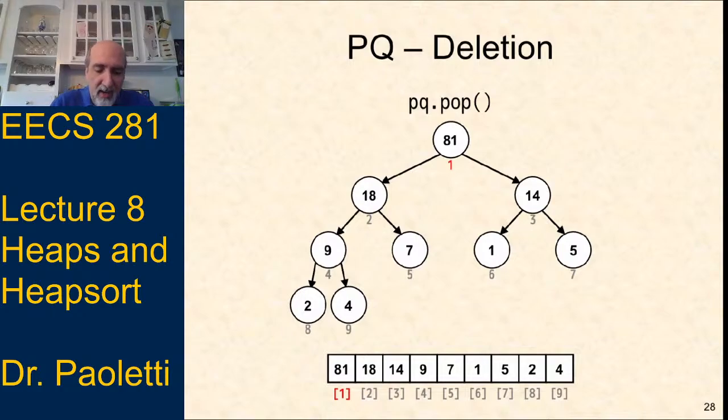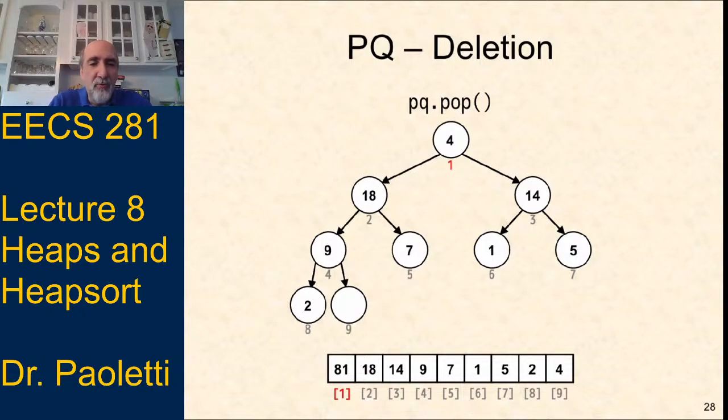So let's replace that 81 with 4. Well, now we've got to do 2 things. First of all, we've got to get rid of that node down there. Whoops, sorry, I'm backwards. I thought the animated slide did it in one order. It does it in a different order.